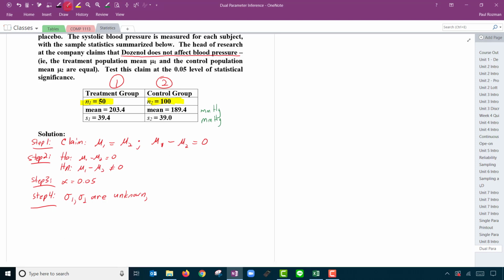But since our sample sizes are large, this allows us to just forge on and say that the differences in our sample means will follow a t-distribution with degrees of freedom equaling the smaller of n1 or n2 minus 1. So degrees of freedom will be the min of 49 and 99, which is 49.